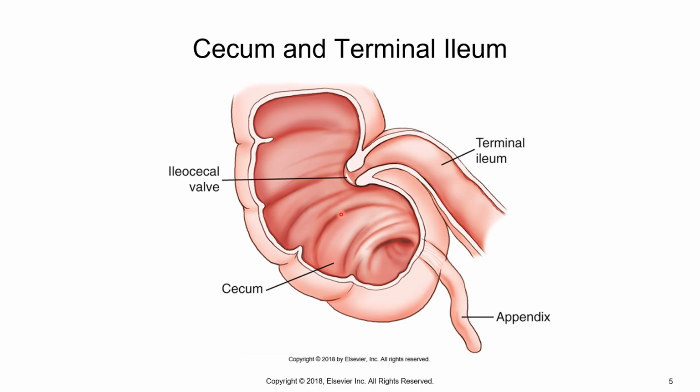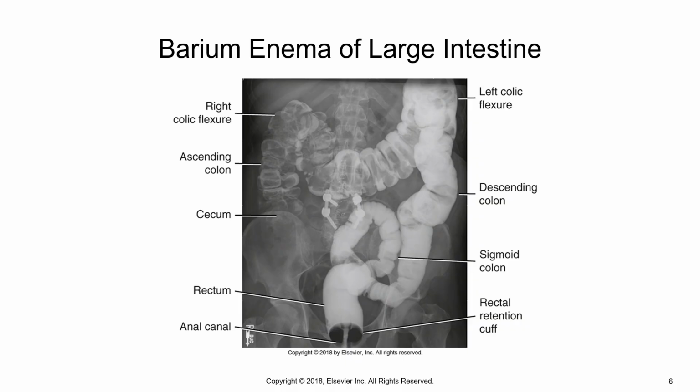A barium enema, on the other hand, is deemed complete when barium either fills the large intestine and refluxes through the ileocecal valve, so you basically get backwards flow into the ileum, or when barium fills the appendix. Either of those cases would deem a barium enema complete.